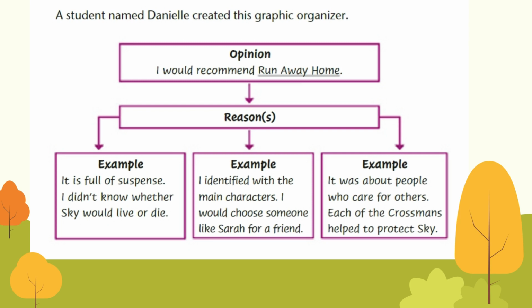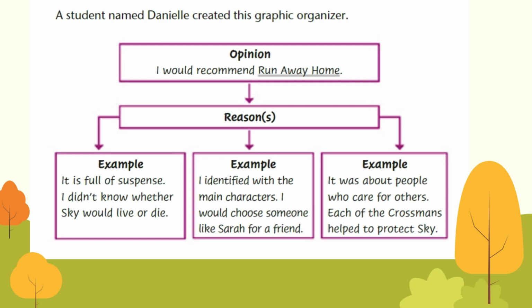And then her second reason is, I identified with the main characters. I would choose someone like Sarah for a friend. So Daniel likes Sarah's character in this text, and she chose to be someone like Sarah for a friend.